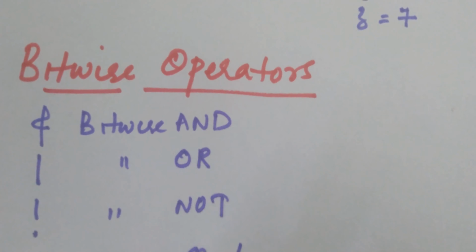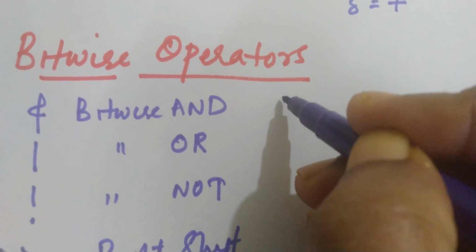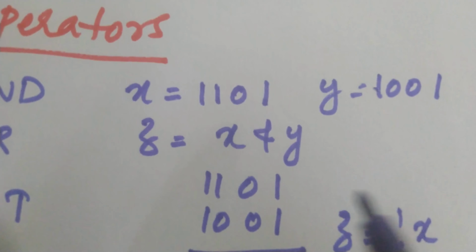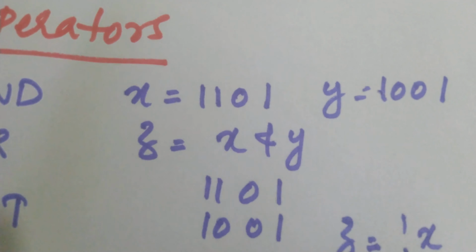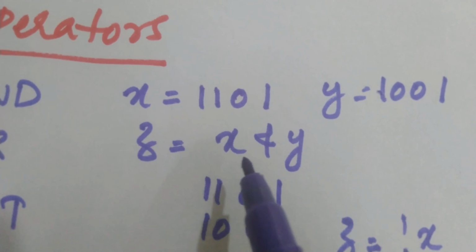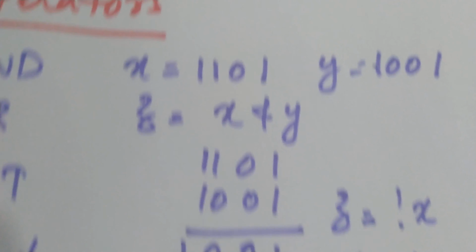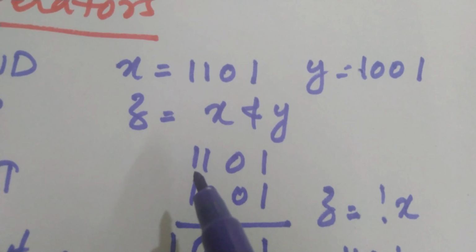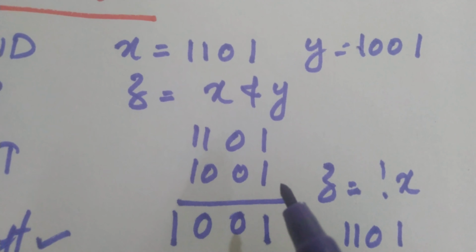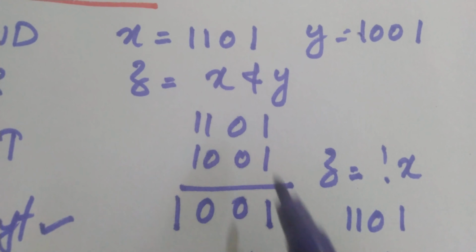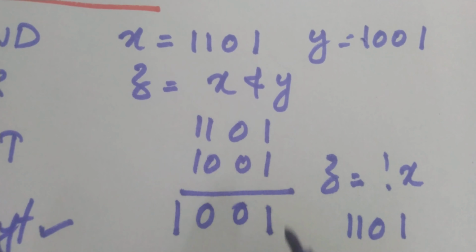Bitwise AND behaves like an AND gate. That is, if I have two data, suppose x equal to 1101 and y equal to 1001, and I am performing the bitwise AND operation, z equal to x and y. So 1101 is the value of x, and the value of y is 1001, and if the AND operator is applied, it behaves like an AND gate, that is, 1 and 1 gives 1. If both inputs are 1, the result will be 1.